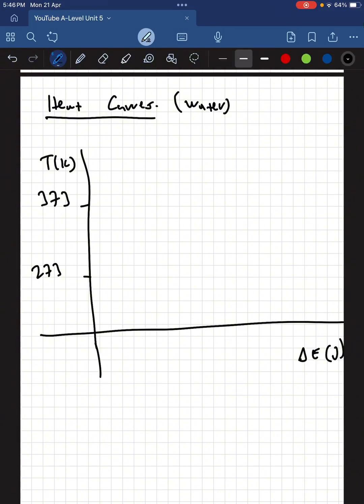Okay. So if we provide some heat, we increase the temperature of ice. So the gradient there is going to be 1 over C ice.